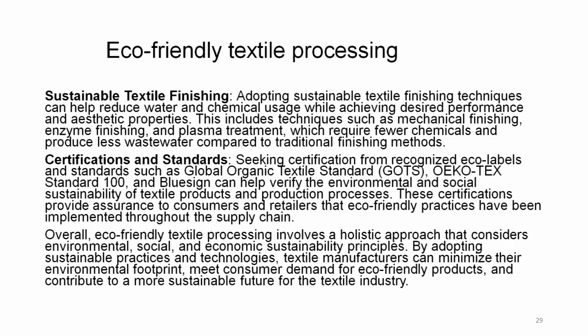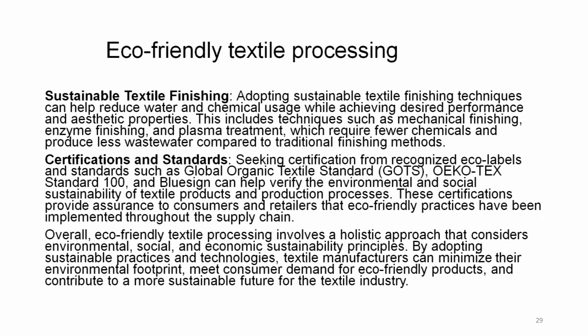Certification and standards. Seeking certification from recognized eco-labels and standards such as Global Organic Textile Standard GOTS, OEKO-TEX Standard 100 and Bluesign can help verify the environmental and social sustainability of textile products and production processes.